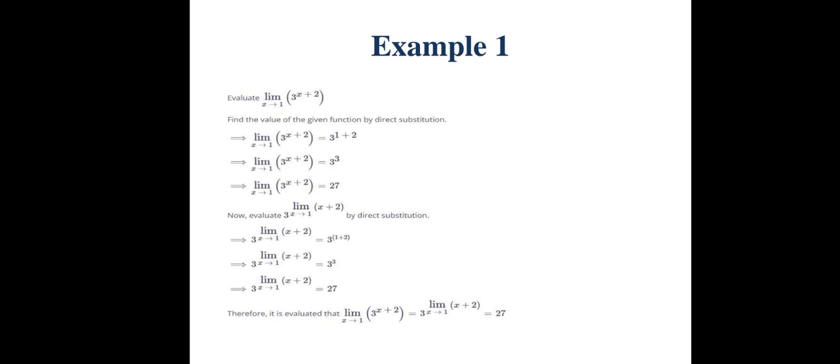The base is 3, so we have 3 raised to the limit x tends to 1 of x plus 2. Again we substitute 1 wherever we have x, get 3 raised to 1 plus 2, then 3 raised to 3, and the final answer is 27. Using both approaches we get 27.